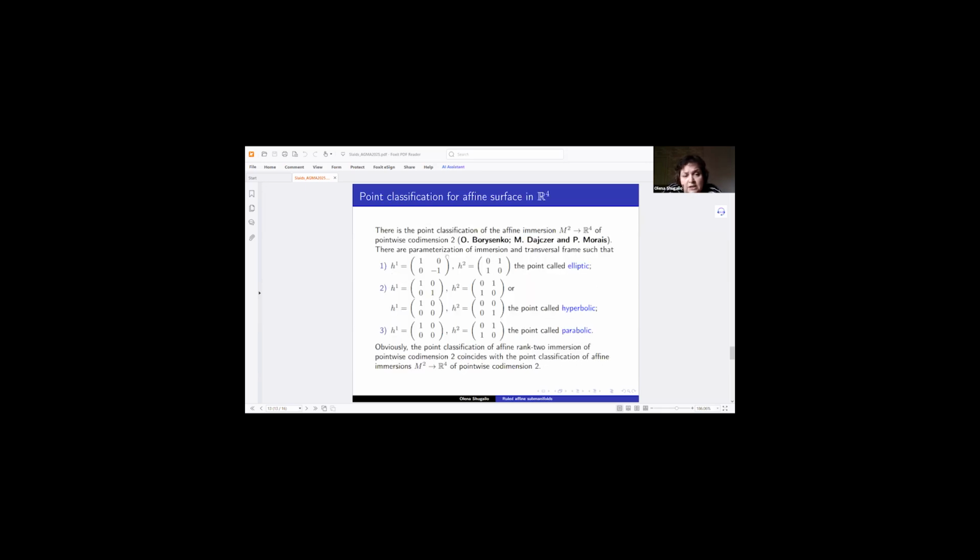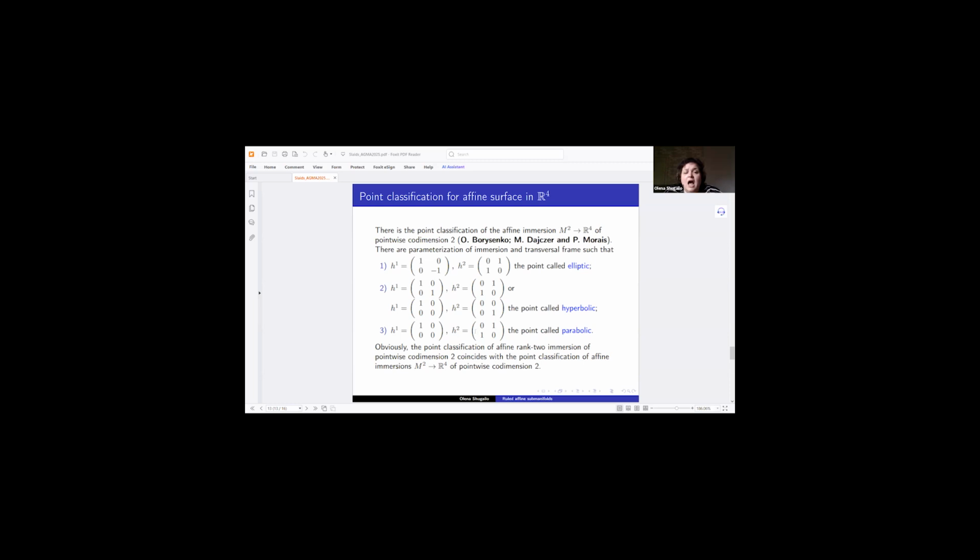So we can see that for elliptic points, this condition is fulfilled, and we can construct a ruled affine submanifold. If the point is hyperbolic, this condition is not fulfilled, and it's impossible to construct ruled affine submanifolds. It can be just a cylinder. Here we have the condition in the third case.